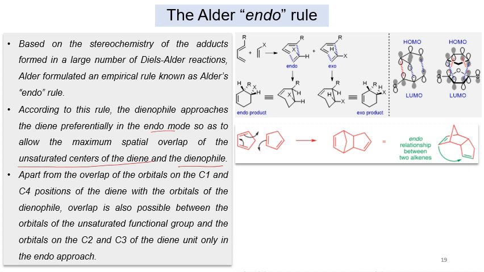Okay, so you can see here in both these cases there is a secondary orbital overlap between the electron withdrawing group on the dienophile with the orbitals at the C2 and C4 positions of the diene.